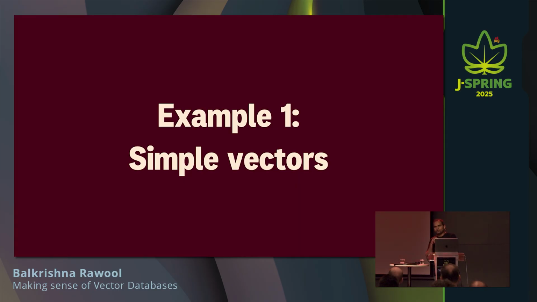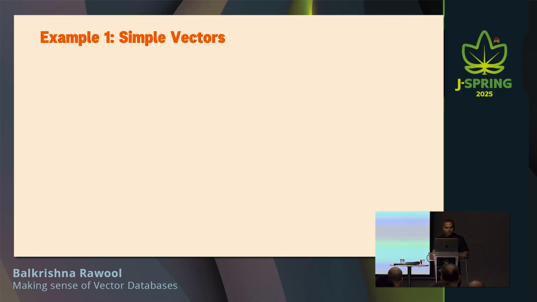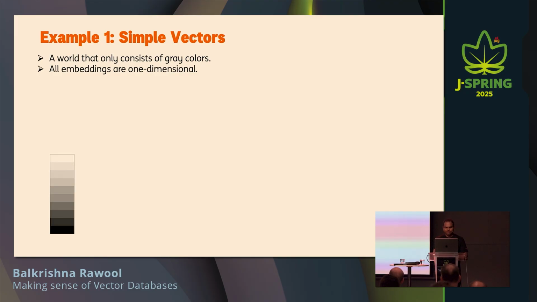So we are going to put to test the things that we just discussed, vectors, vector embedding, and we'll see how that can be implemented, and we'll see if the theory checks out. So in this example, the world only consists of gray colors, and all embeddings are one-dimensional. So basically, we have 10 different colors, ranging from white to black.